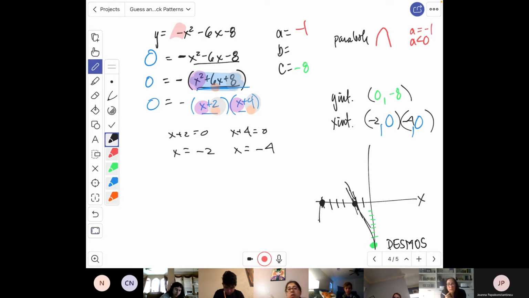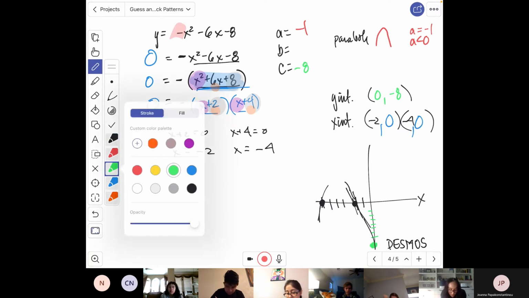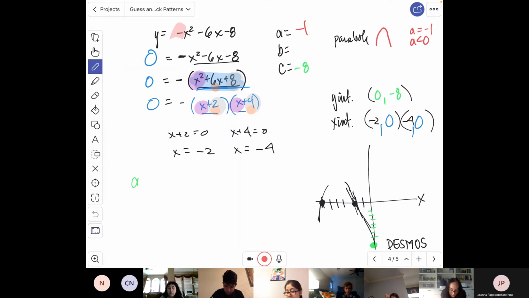Yes, I saw your faces answer the question. The vertex. Now remember, the vertex falls on the axis of symmetry. And the axis of symmetry is halfway between those two x-intercepts. So can you tell me the axis of symmetry?